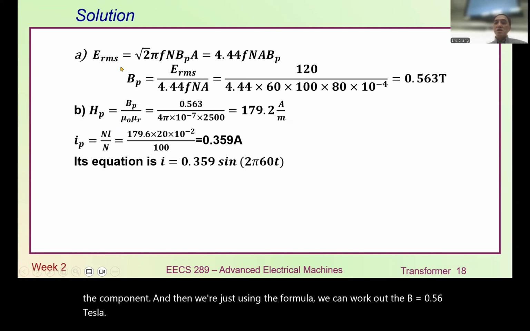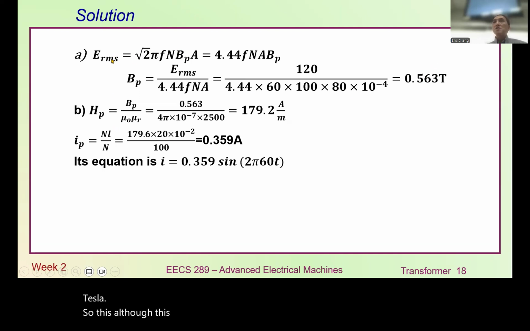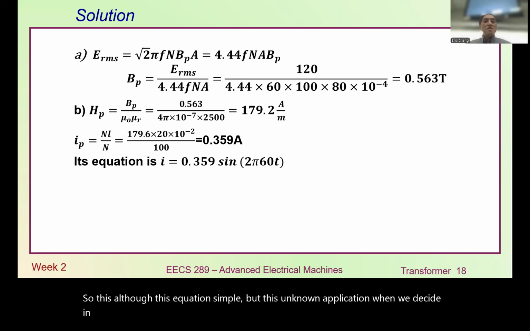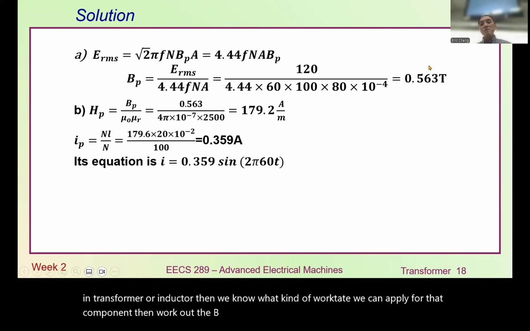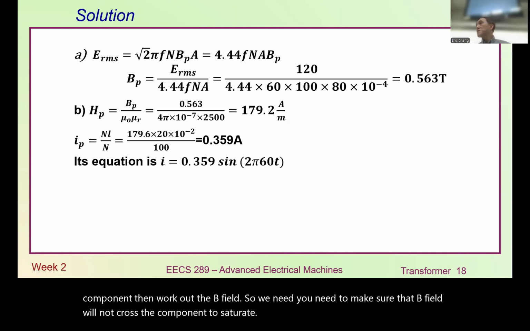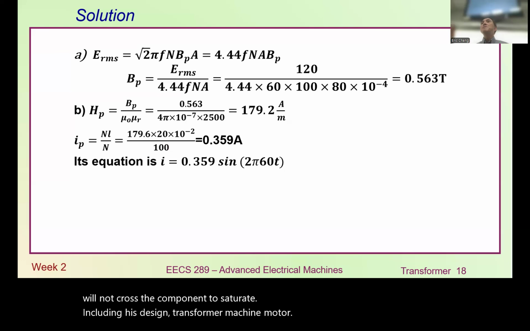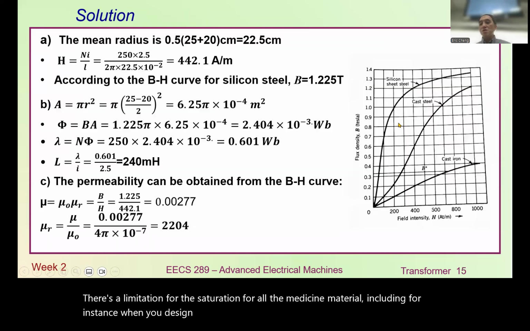Although this equation is simple, this is a real application. When we design any transformer or inductor, we know what kind of voltage we're going to apply to that component, then work out the B field. You need to make sure that the B field will not cause the component to saturate. There's a limitation for the saturation for all magnetic material, including, for instance, when you design a motor, all the motor or ferromagnetic material will have saturation.